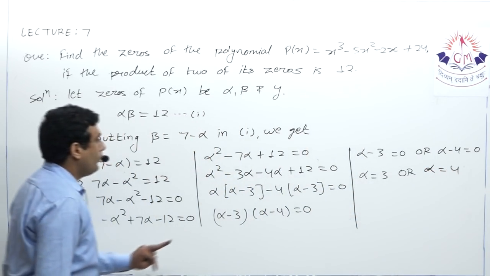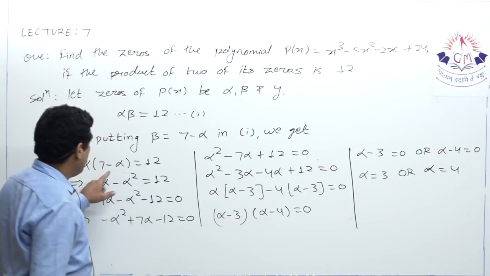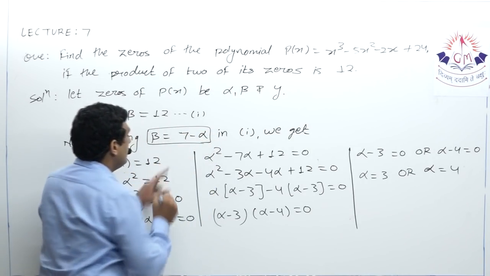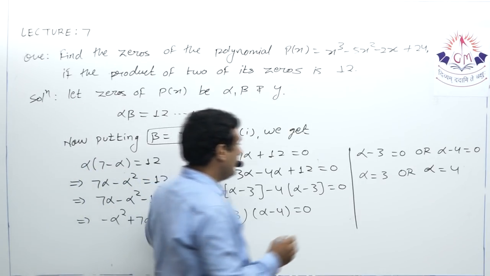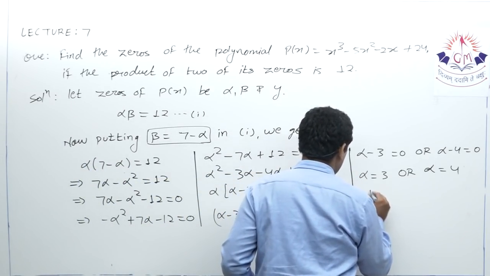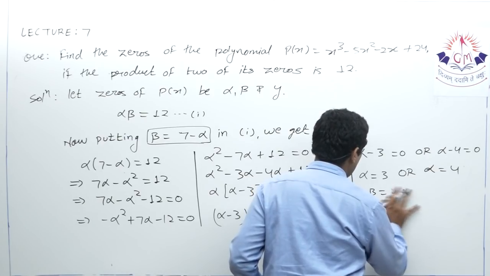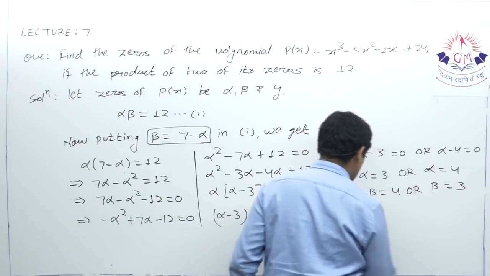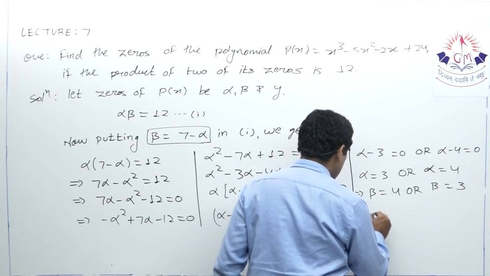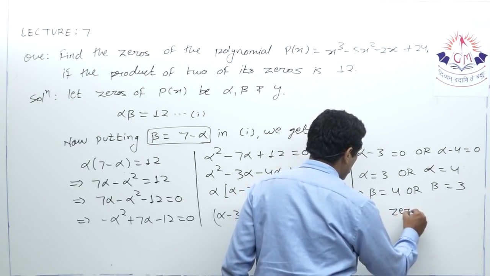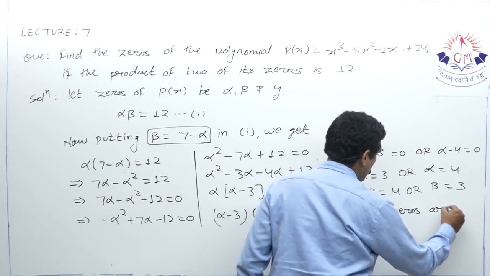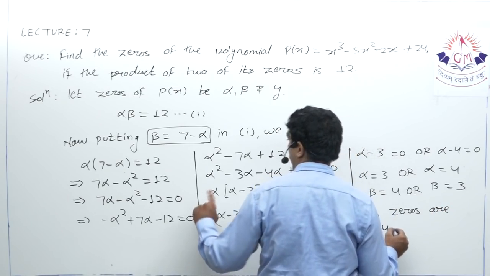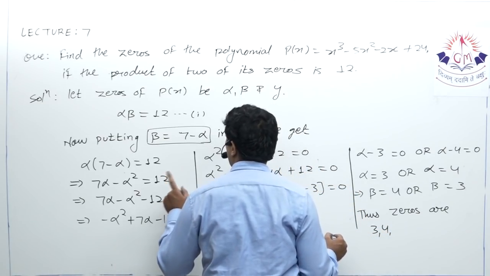Okay, so there are two possible values of alpha. See, if I put alpha equal to 3 over here, what I get is beta equal to 4, or if alpha is 4, beta is equal to 3. So I can say thus the zeros are 3 comma 4, and what was the very first zero, what was the value of gamma?